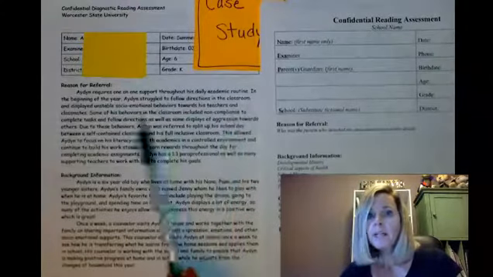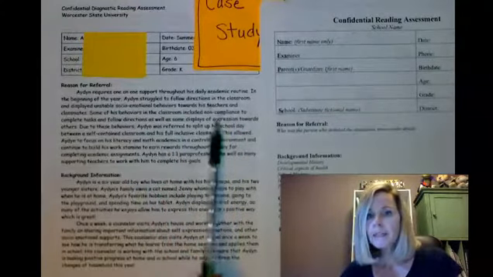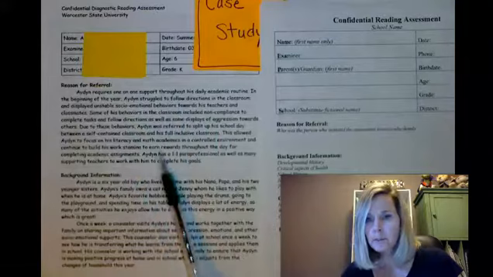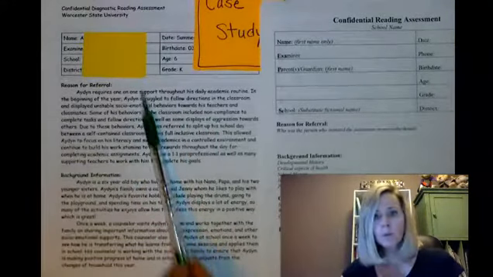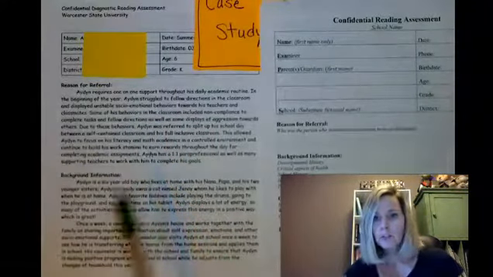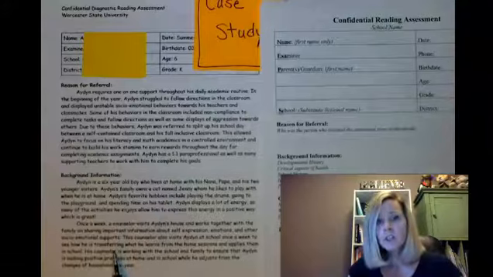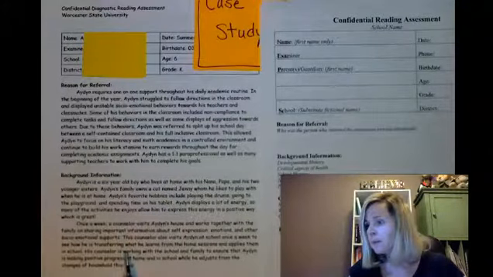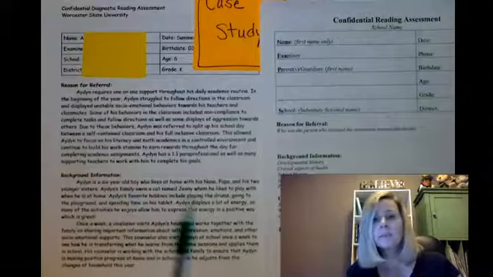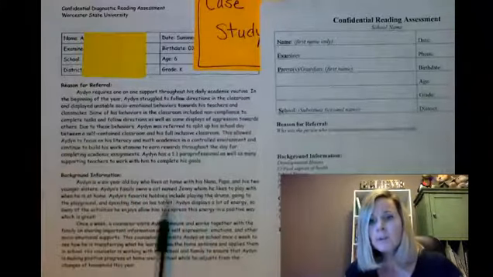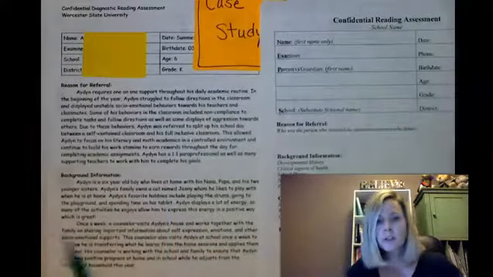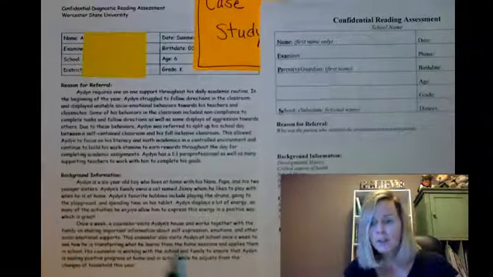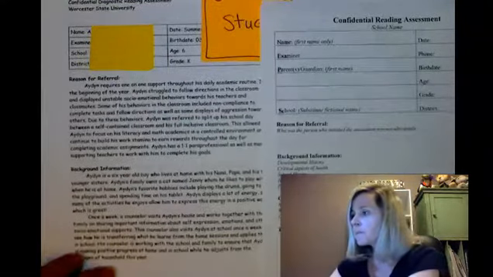Anything you choose to add here or omit, it's completely up to you, but it's a place for you to add information. Then she included background information about him, right? How old he is, who lives at his house with him, right? These are some of the information that you may have collected during your interview with the student.